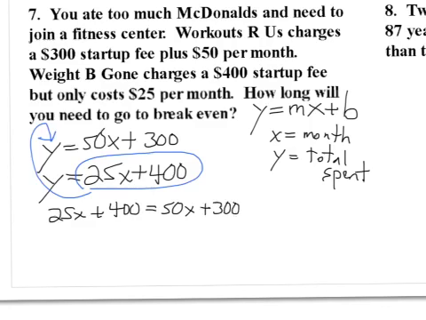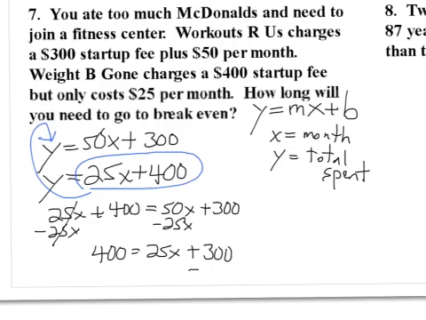And then I will subtract 300 because it's smaller. Actually, you know what? I should move the x's first. Normally we move the x's first. So let me subtract 25x because it's smaller. That will move all the x's to one side. So I bring down the 400 and I get 25x plus 300. And then I will move the 300 away from the x so that x is by itself.